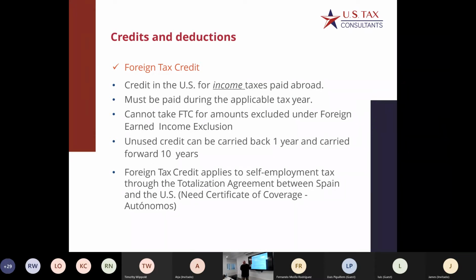Of course, if you exclude part of the income, you cannot also use the proportional part on the foreign tax credit. The taxes that you have paid in Spain and are not using in the States, which is normally the part that you paid in Spain above what you have to use in the States, you can carry over and use in the following 10 years.